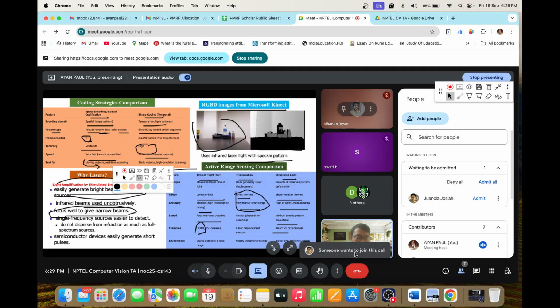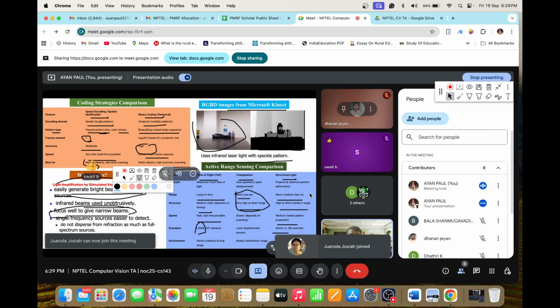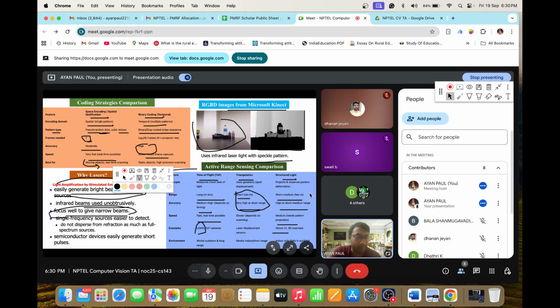So everyone understood, right? What is the difference between the conventional image and this range image? What is the difference between a 2D image, 3D image, and 2.5D image? 2D is a normal image that only gives you a pixel value, a color intensity. 3D is RGBD, that means XYZ, where XY is color and Z is depth.